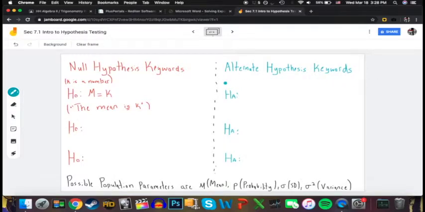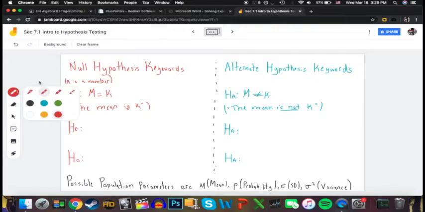Now, on the contrary, when it comes to the alternate hypothesis of the statement, you can say that the mean mu is not equal to k. So going back to our words, you can say the mean is not, or sometimes they may use isn't, k. And that'll be a good indication to show that we're using not equal to.